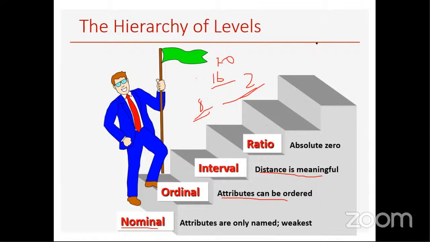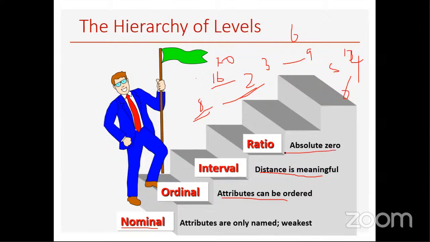Now we can equally say that somebody with a mark of 9 and a mark of 3 has a distance of 6, and a mark of 9 and a mark of 13 or 14 still has a distance of about 5 or 6 between them. So we have this equal distance that we can carve out in our data.